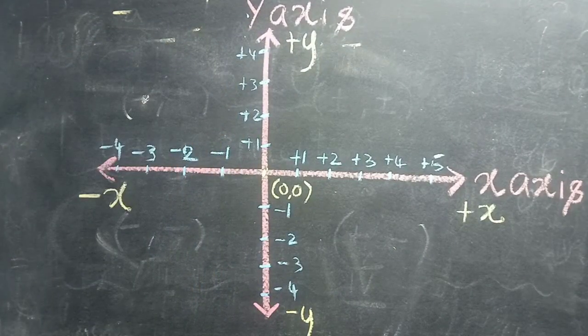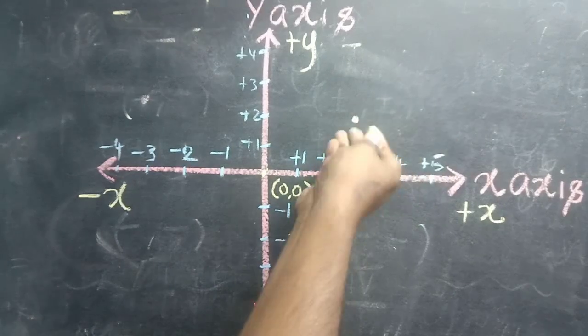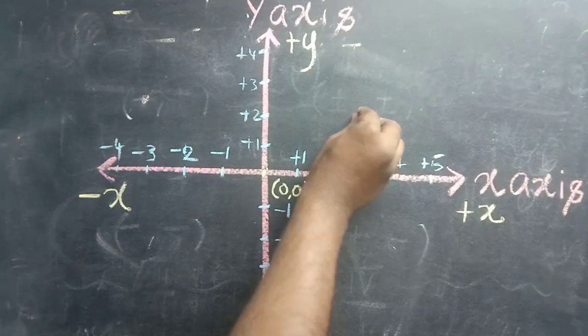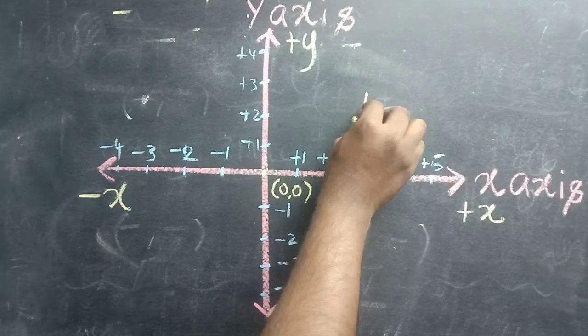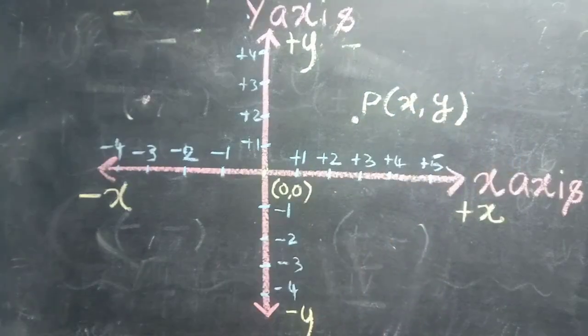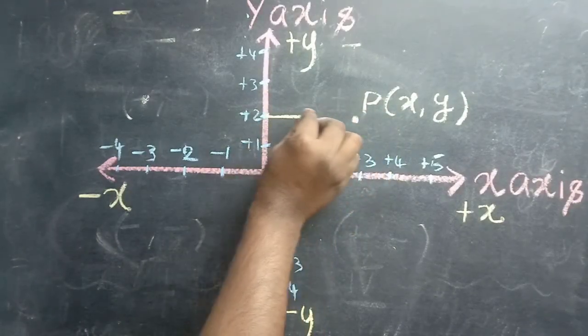Now consider a point somewhere in the first quadrant or any quadrant. Consider this point as P(x, y).